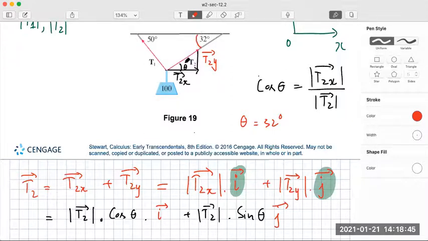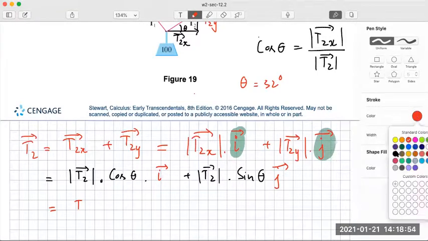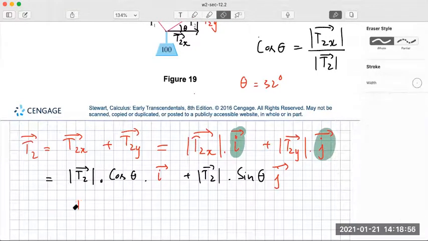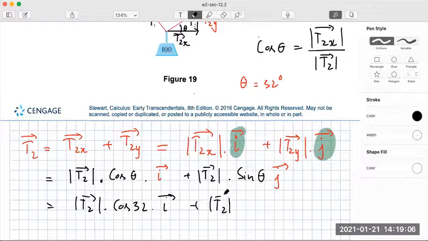This, right? 32. So let us write it clearly. It is the magnitude of T2 times cosine of 32 I plus the magnitude of T2 times sine of 32 J.